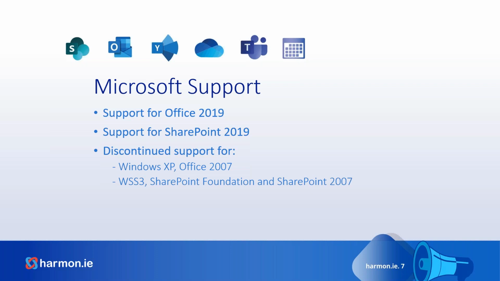And obviously, we're always up to date with supporting Office 365 tenants. As part of that, we do need to discontinue the support for very old versions of Windows, Office, and SharePoint. I think most people have definitely moved away from these platforms now because they're not supported by Microsoft anymore either.